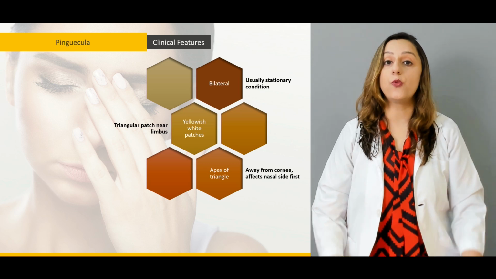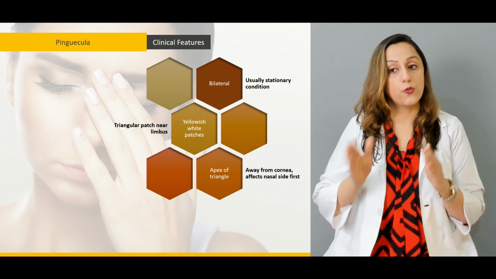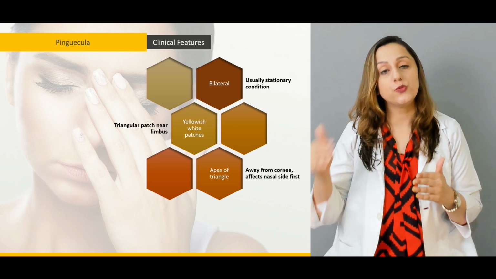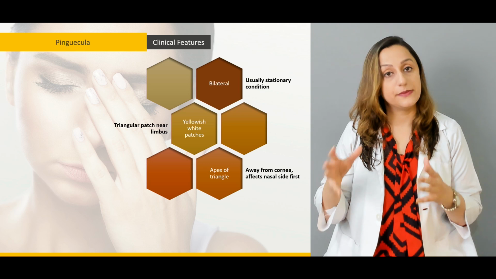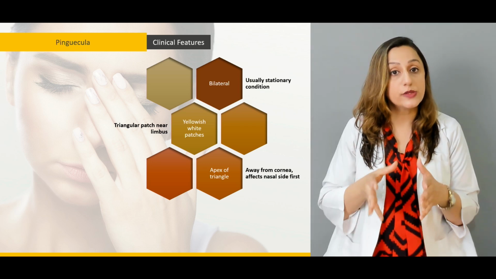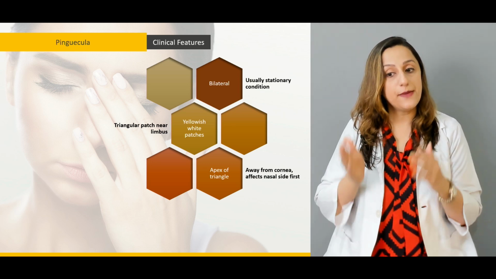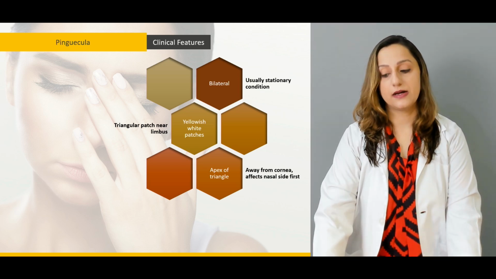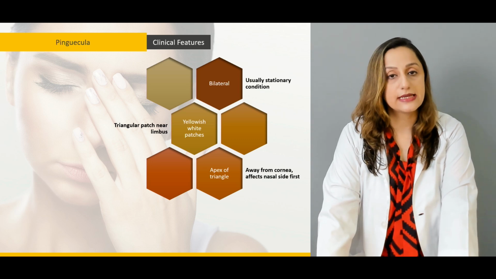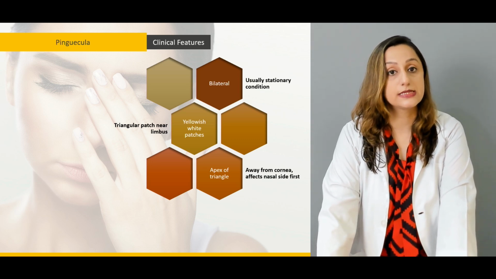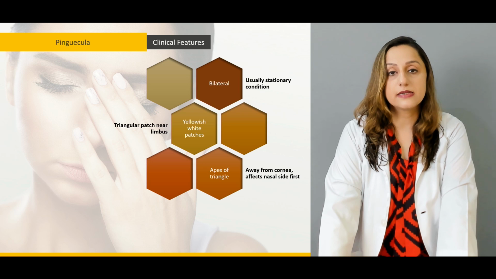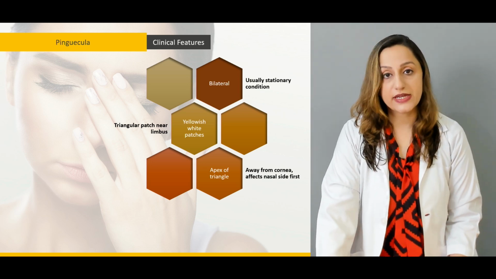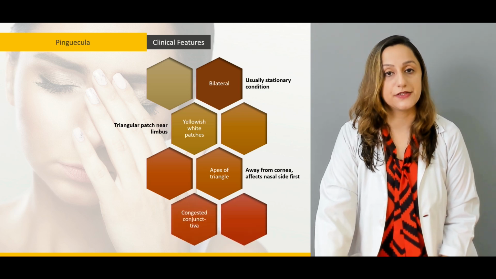So this is again one of the differentiating features. Once we study the pterygium, the apex of the triangle is usually towards the cornea, and over here in pingueculous conditions, the apex of the triangle is going to be away from the cornea. It usually affects the nasal side first and then the temporal side. But sometimes it occurs simultaneously. The nasal and the temporal sides both are sometimes affected along with this particular condition.